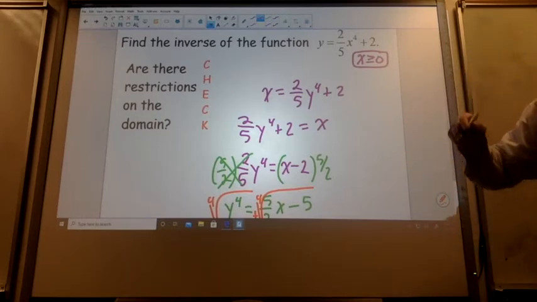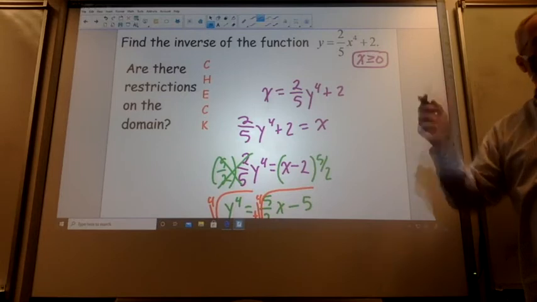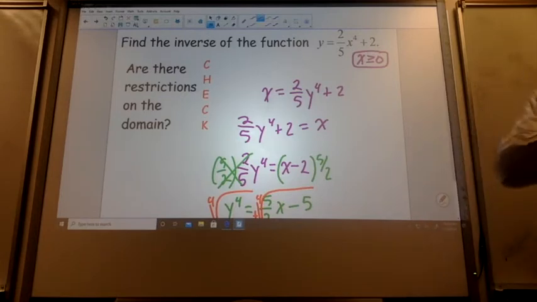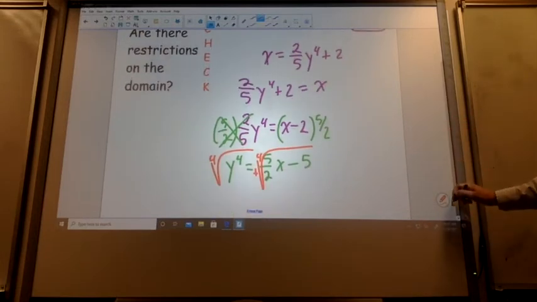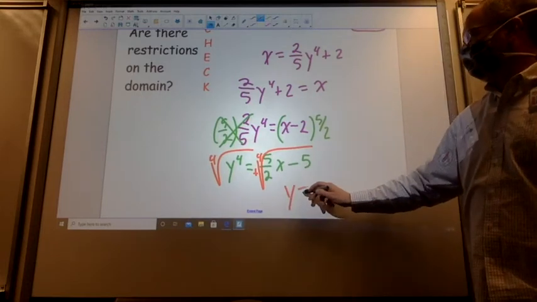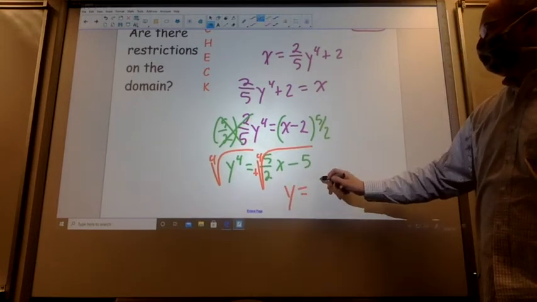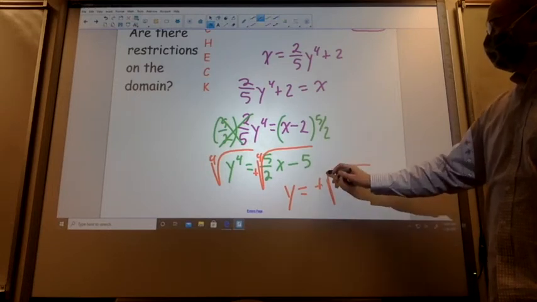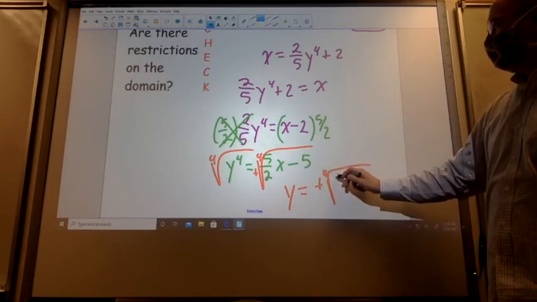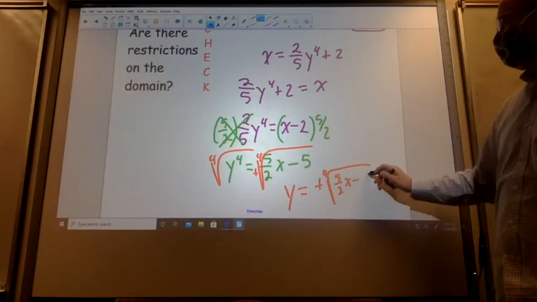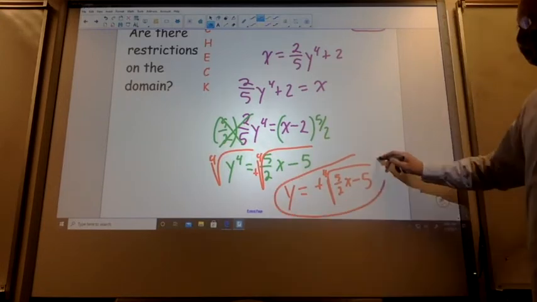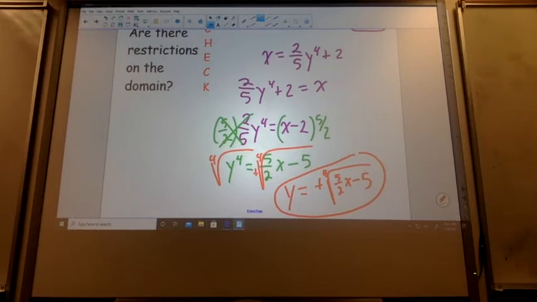If it's 1 to 1, that means its inverse is also a function as long as the inverse exists. So that's going to give me y equals positive 4th root, squeeze a 4 in there, 5 over 2 x minus 5, and I'm pretty happy and content with this. Yes, I understand I have a radical in the denominator, but I'm not going to worry too much about rationalizing the denominator because people back in the olden days couldn't divide by radicals.